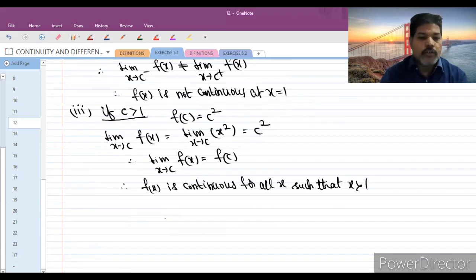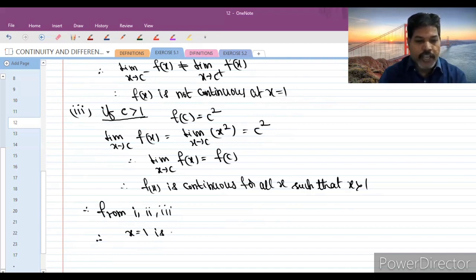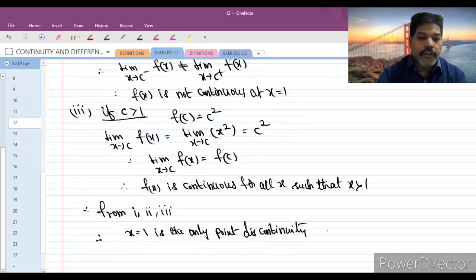From 1 to 3, what we can conclude is that x is equal to 1 is the only point of discontinuity of f.